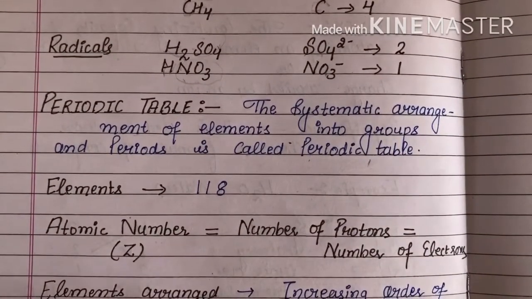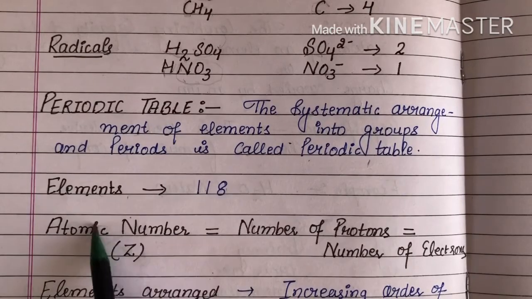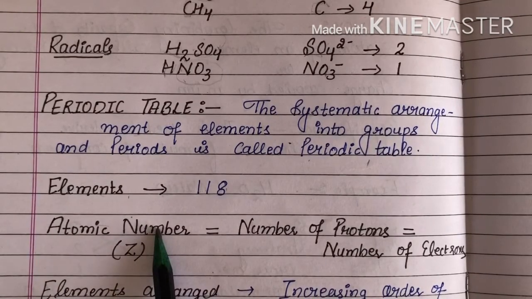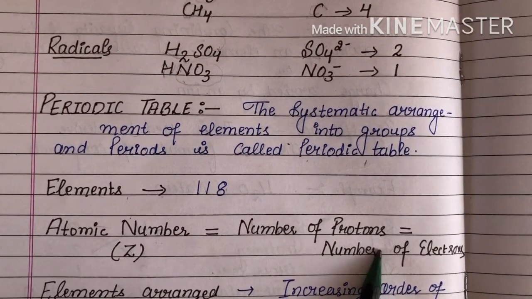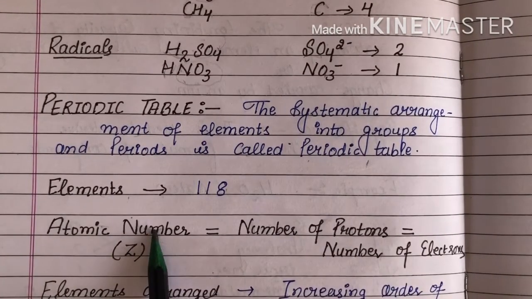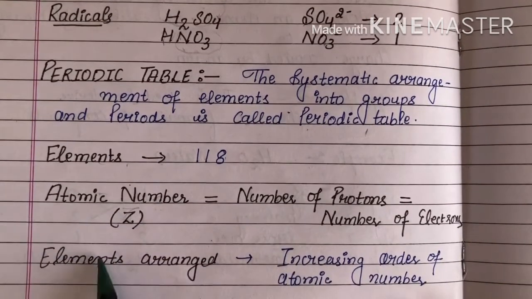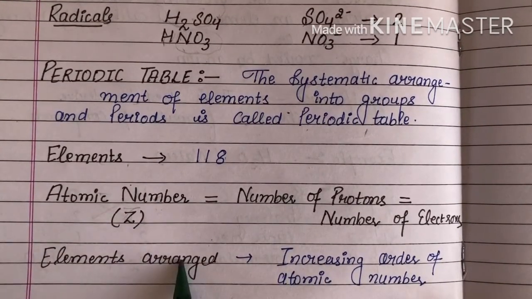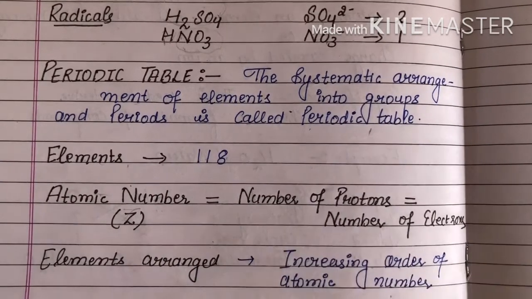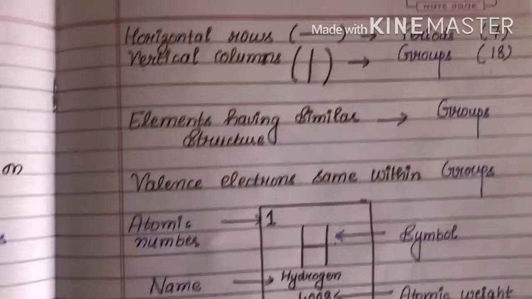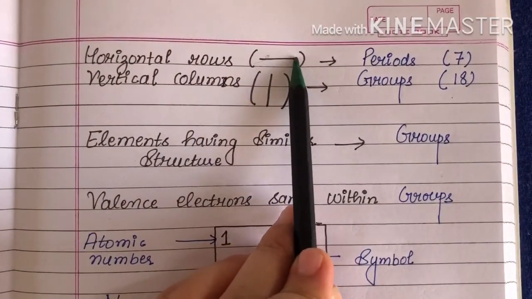How many elements are there in the periodic table? 118. And atomic number is equal to the number of protons and number of electrons present in the atom, and atomic number is represented by Z. Elements are arranged in the periodic table in increasing order of atomic number. The horizontal rows are the periods.